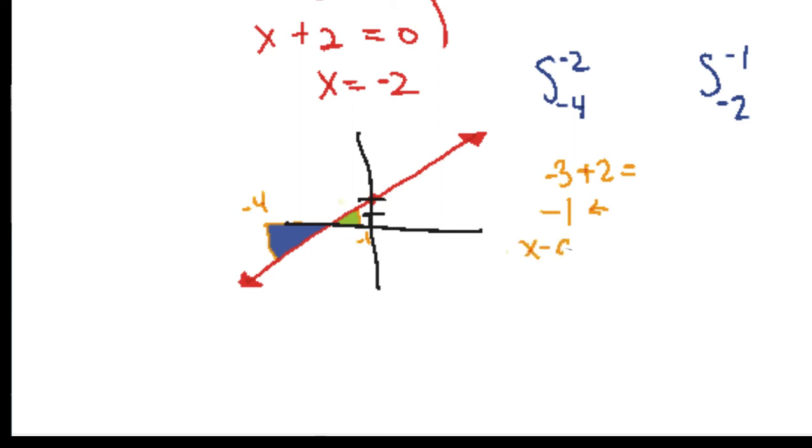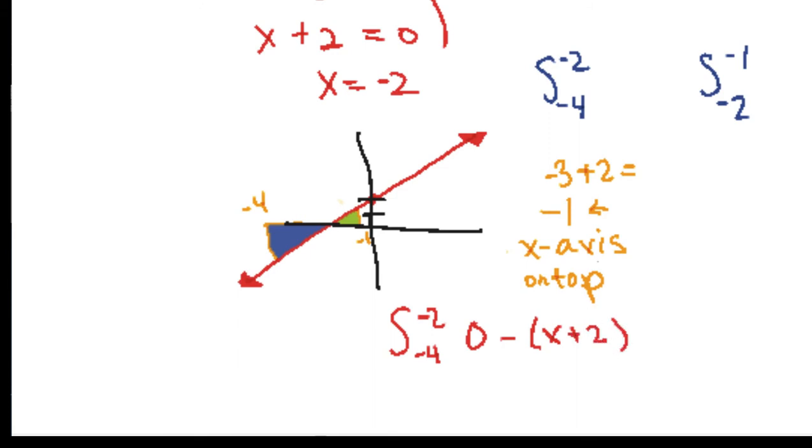That's a conclusion you should make. Let's go ahead and set up the integral. It'd be the integral from -4 to -2, and the top function, in this case, is 0 minus x plus 2, dx.